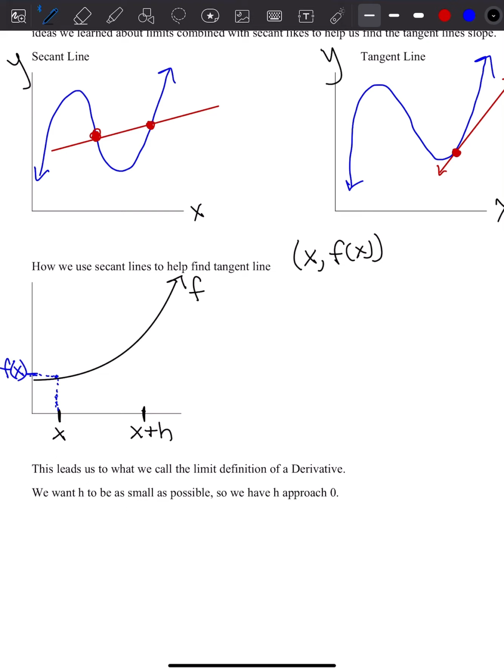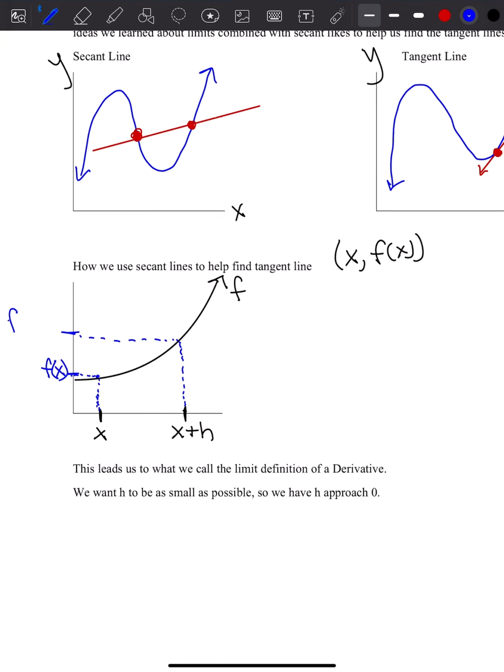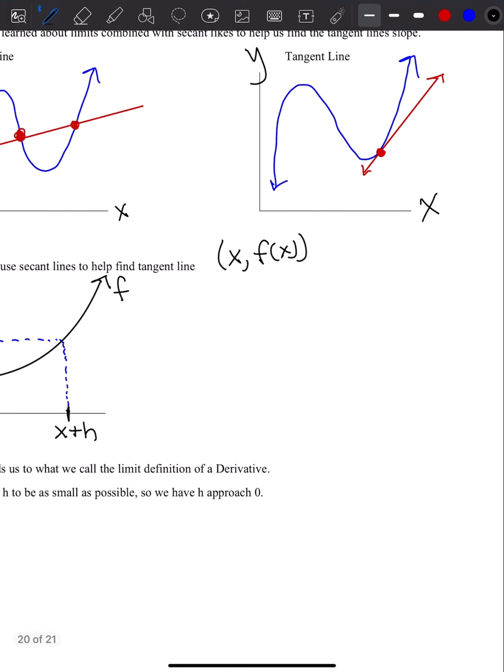If I do the same thing, use this x value to find my y value, and we go over, this is going to be f of x plus h. So right now I have 2 points, x, f of x, and x plus h, f of x plus h.